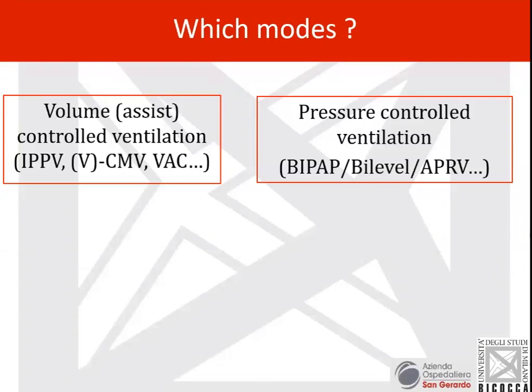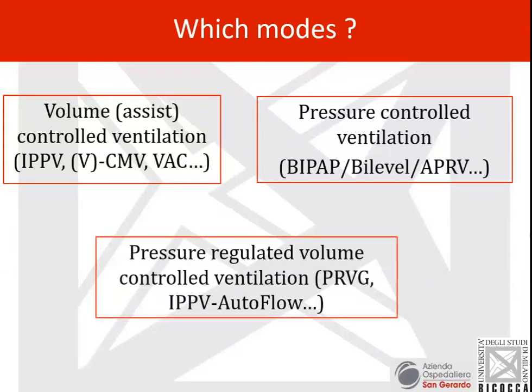So for example, pressure control, pressure assist control, BiPAP, bi-level ventilation, APRV. In the absence of patient breathing efforts, all these modes work exactly in the same way. And then we have ventilatory modes that are in a sense a bridge between volume control ventilation and pressure control ventilation, which are so-called pressure regulated volume control ventilation.